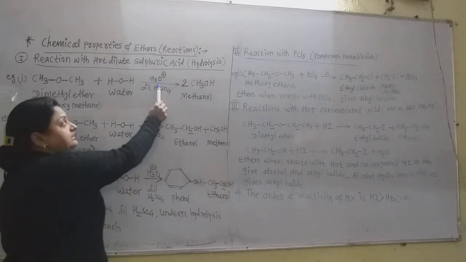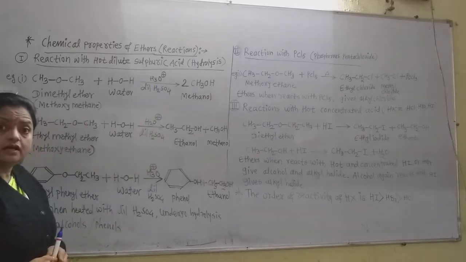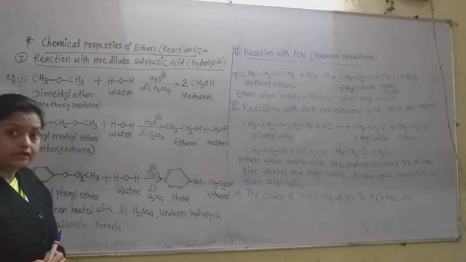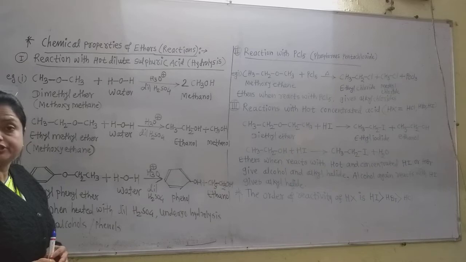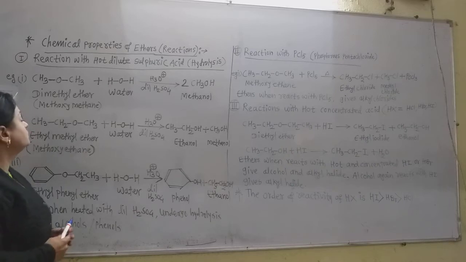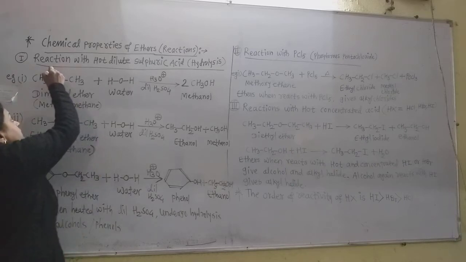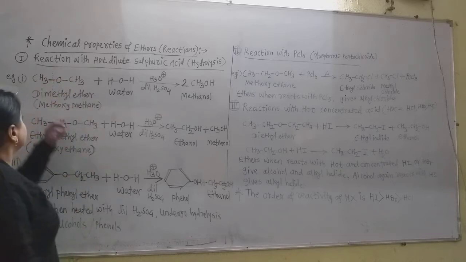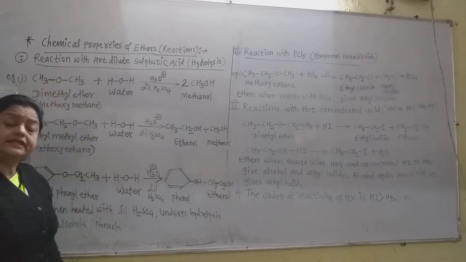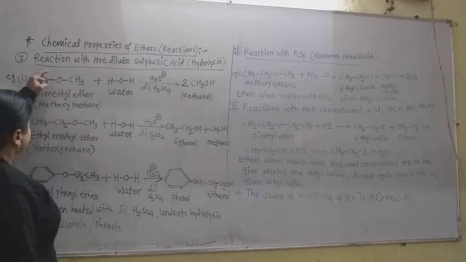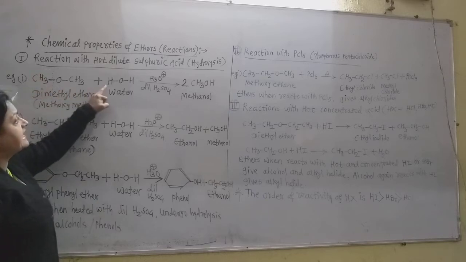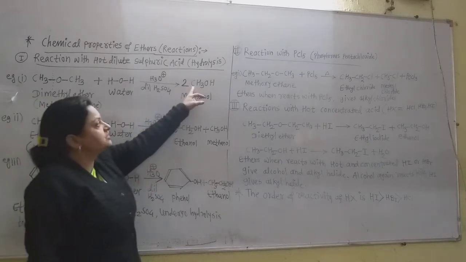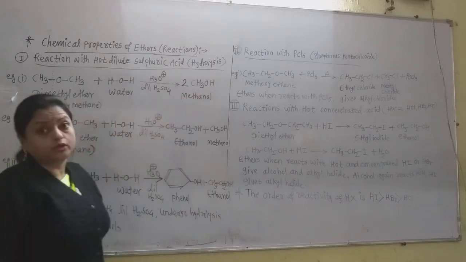So in the presence of acid, that is the hydrolysis, this reacts with water and there is formation of alcohol. This is the breaking of the C-O bond in the ethers. When this bond breaks, this CH3 reacts with the OH group of water and forms CH3OH, that is methyl alcohol.